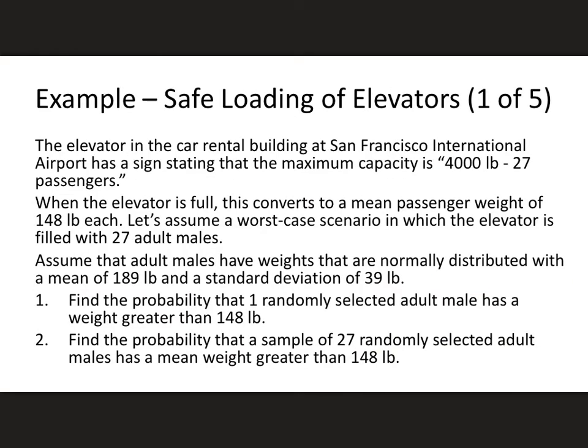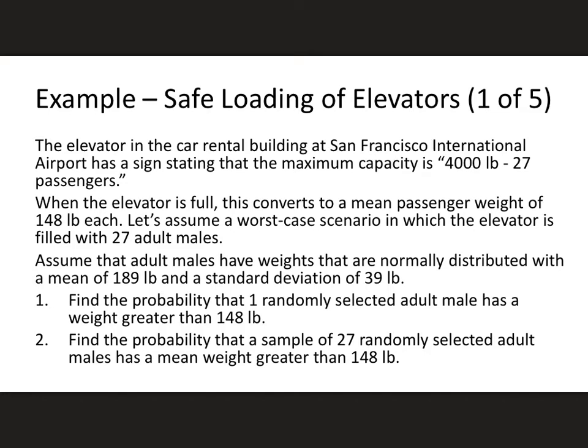So let's look here at the elevator and car rental building at San Francisco International Airport has a sign stating that the maximum capacity is 4,000 pounds or 27 passengers. When the elevator is full, this converts to a mean passenger weight of 148 pounds each. Let's assume a worst case scenario in which the elevator is filled with 27 adult males.